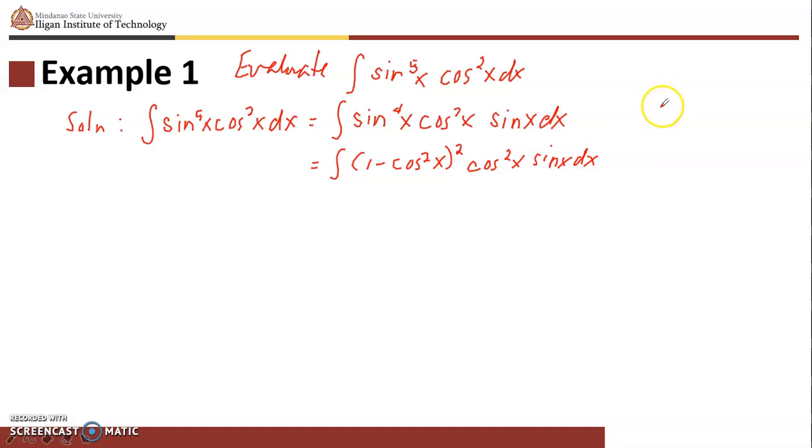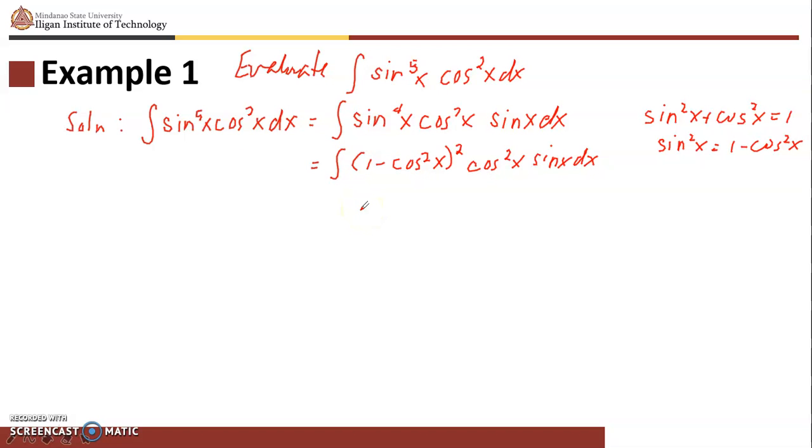This can be done because sine squared x plus cosine squared x is equal to 1. That means sine squared x is equal to 1 minus cosine squared x. And because we have sine to the fourth, it is sine squared x raised to the second power. So we have 1 minus cosine squared x raised to the second power.